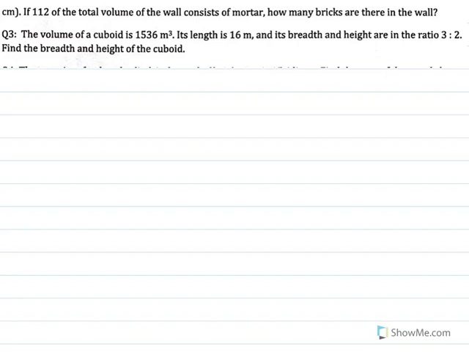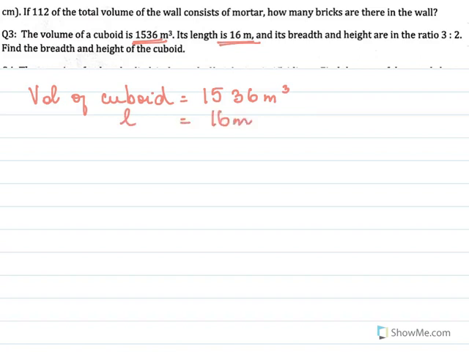The volume of a cuboid is 1536 meter cube. So let's write that. Volume of cuboid 1536 meter cube, its length is 16. So length 16 meter.